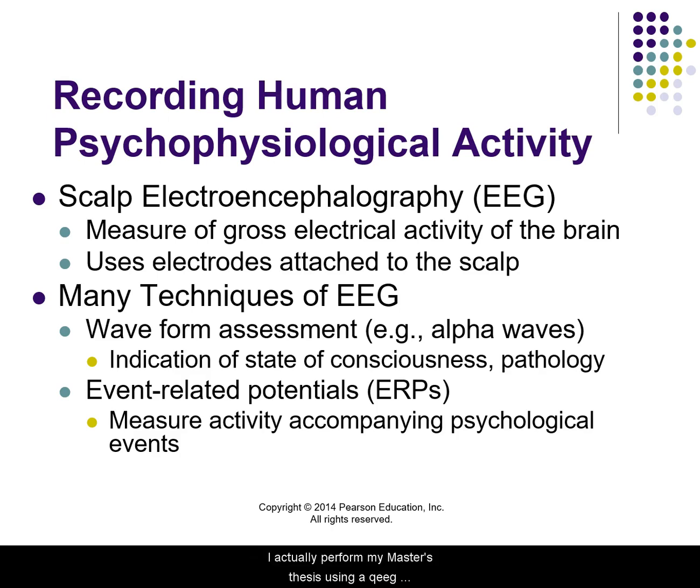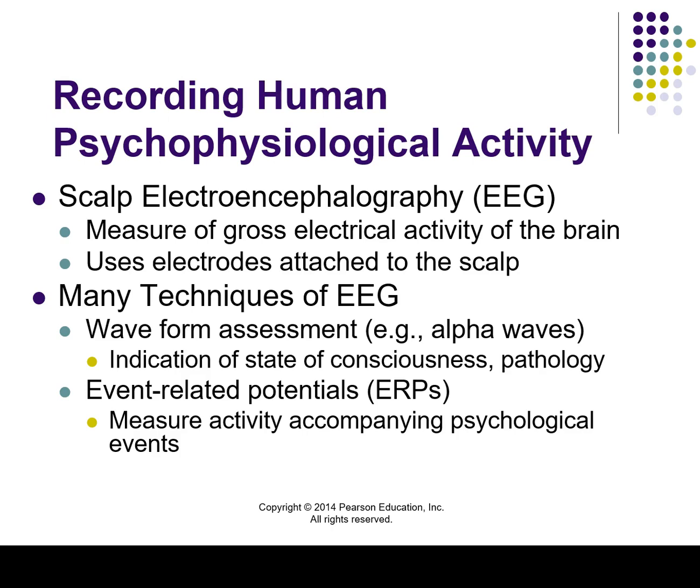I actually performed my master's thesis using a QEEG, a quantitative electroencephalography, which just meant that the scalp electrodes, everything was the same. It just uses computer software to render the EEG recordings, as opposed to a series of pens like you would see in your book, like in figure 5.9.